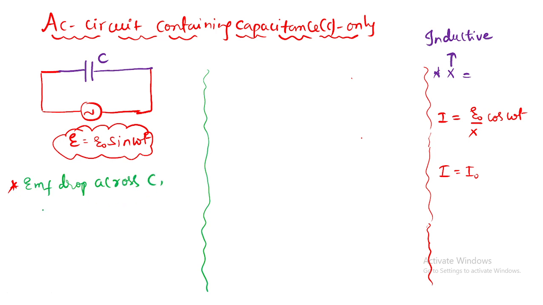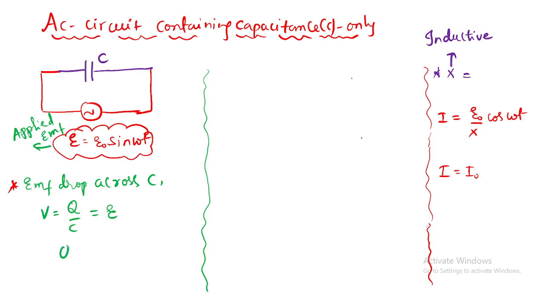Voltage is equal to Q divided by C. Yes or no? This is nothing but, which is also equal to the applied EMF. This is applied EMF or not? So this voltage drop is equal to the applied, which is E. Right?